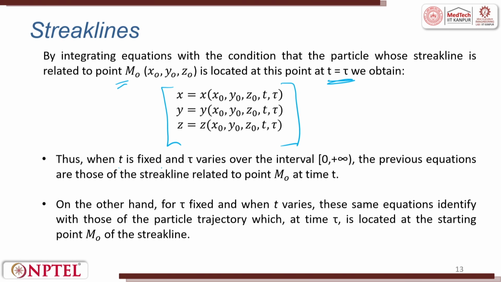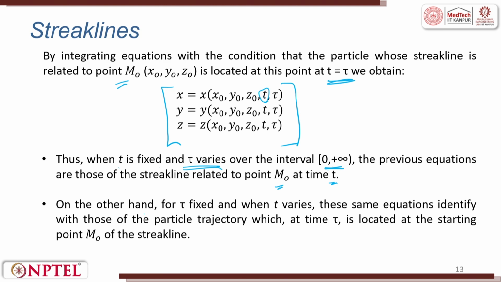Thus, when t is fixed, tau varies. When time is fixed, tau varies over an integral from 0 to infinity. The previous equation describes those streak lines related to the point M0 at a time t. So, this is very important.